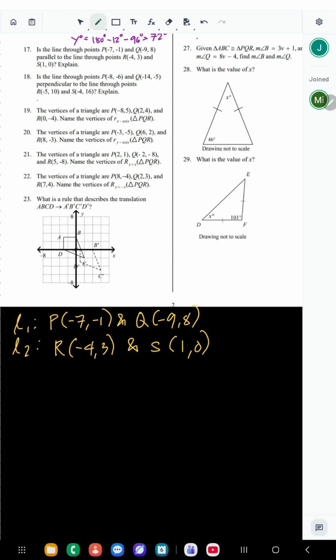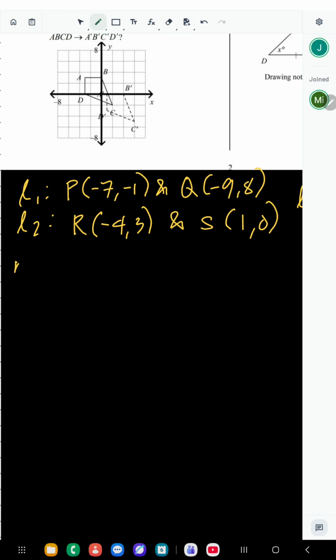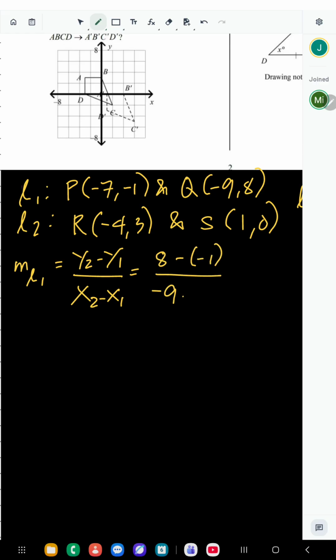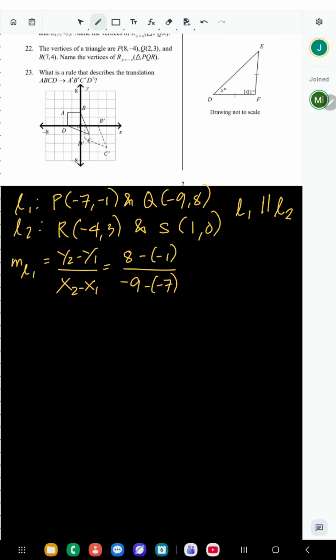So let's solve for the slope. We have to check whether line 1 is parallel to line 2. Slope of line 1 is y sub 2 minus y sub 1 over x sub 2 minus x sub 1. So this is 8 minus -1 over -9 minus -7. So this is 9 over -9 plus 7, which is -2. So this is -9 over 2.